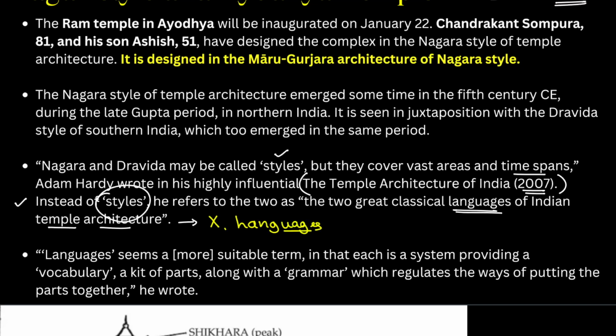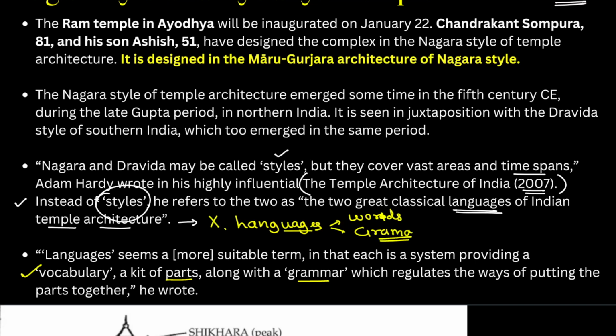So what does he say? He says that languages seem a more suitable term, in that each is a system providing a vocabulary, a kit of parts along with the grammar which regulates the ways of putting the parts together. So what he wants to say is the language has two parts. One is, let's say, words or vocabulary. Second is the grammar.